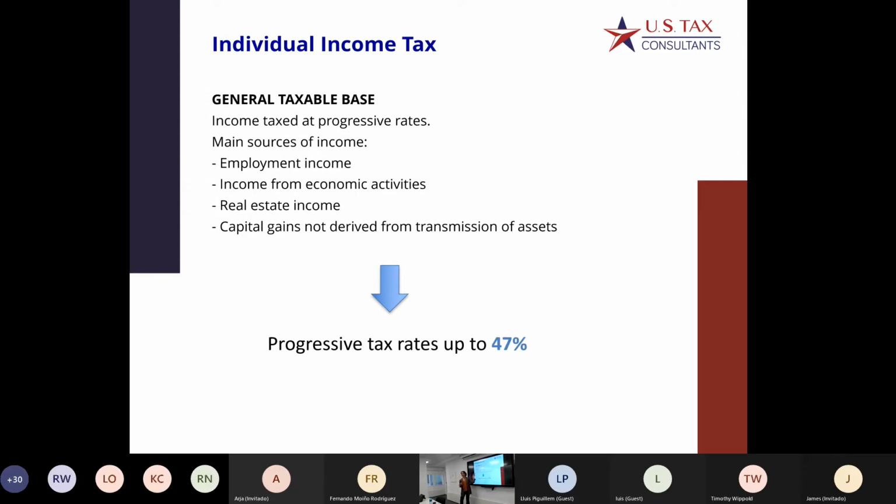This is not very common, but a clear example of this one was the child tax credit, the economic impact payment, the stimulus checks. So all this income is subject to the progressive rates, which can go up to 47%. Okay.